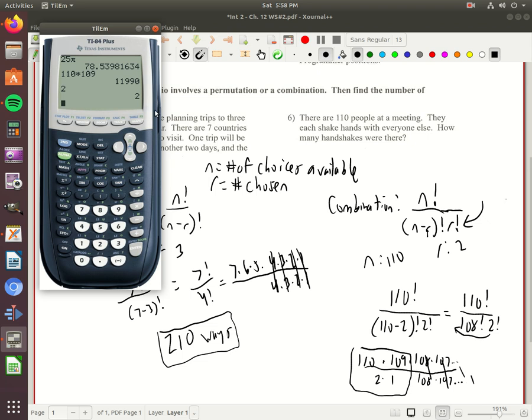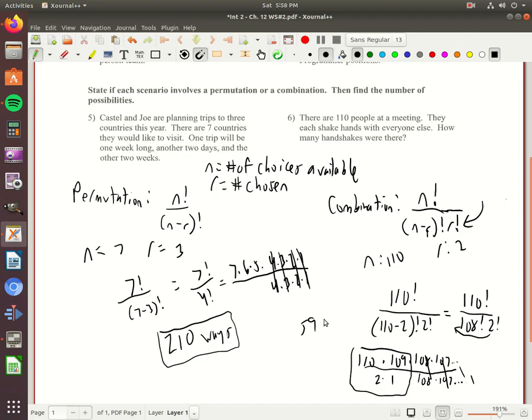And I get, I didn't do that right, so 11,990 divided by 2, I get 5,995 ways to shake hands. So if you have a room of 110 people and you ask everybody to shake hands, it could be a longer process than it appears.